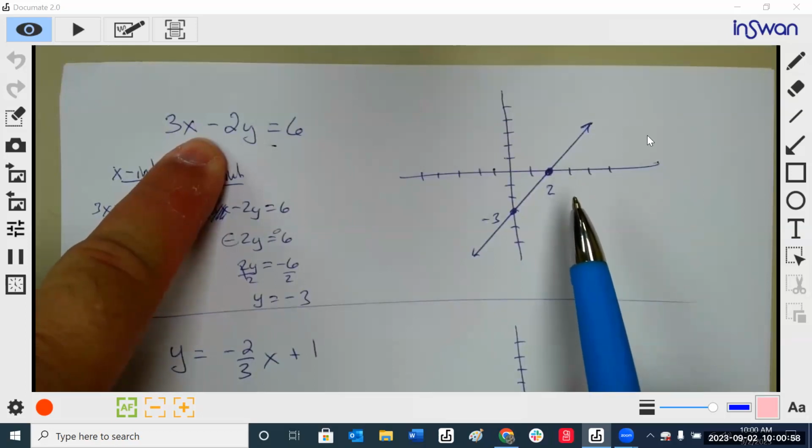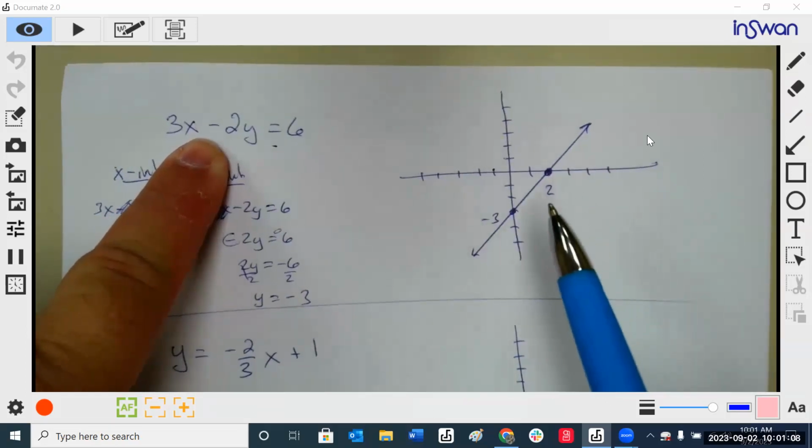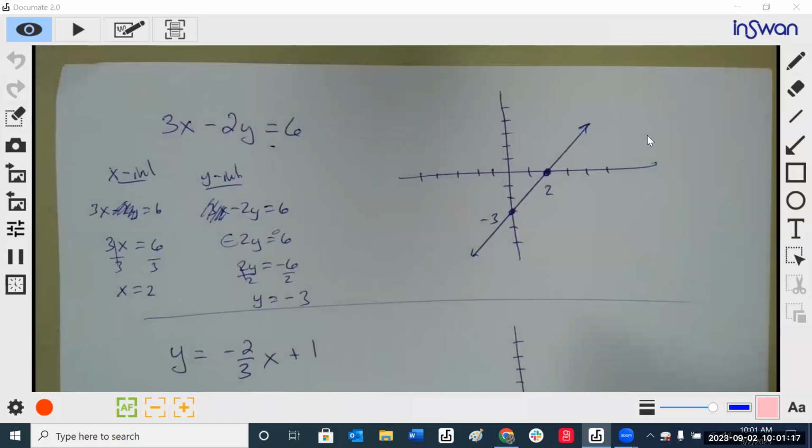How do we find the slope of this line? No, we can't do that because we don't know those. Do we know any format that does tell us the slope?